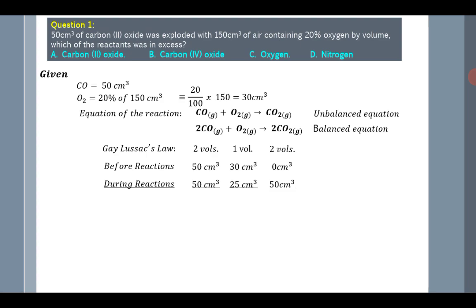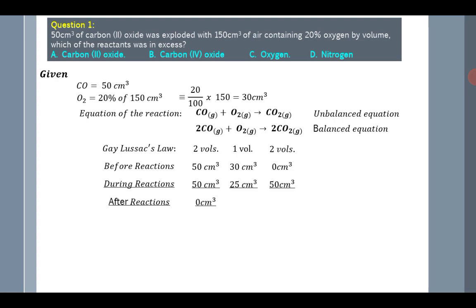And now, after the reaction, let's look at what is left behind. We see that after the reaction, all the CO, that is carbon(II) oxide, has already been used up.